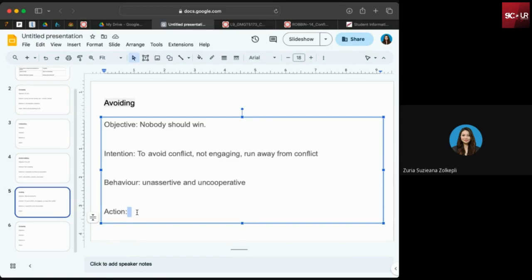So in terms of the action, like I said earlier, either you withdraw from the conversation or the discussion, and then maybe you postpone. You postpone talking about it, to avoid conflict.